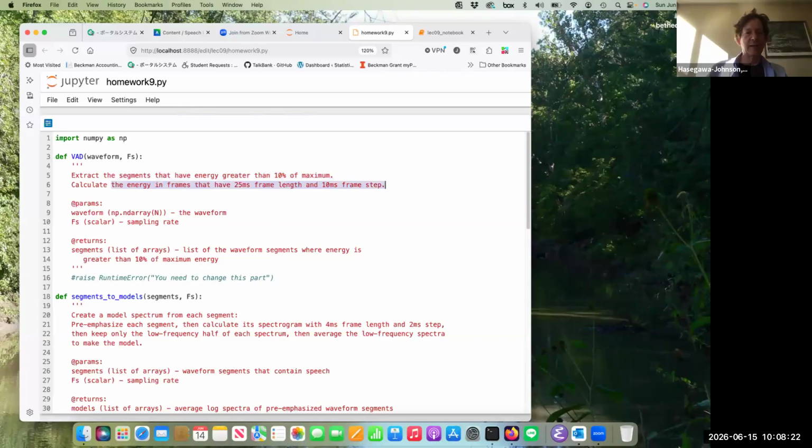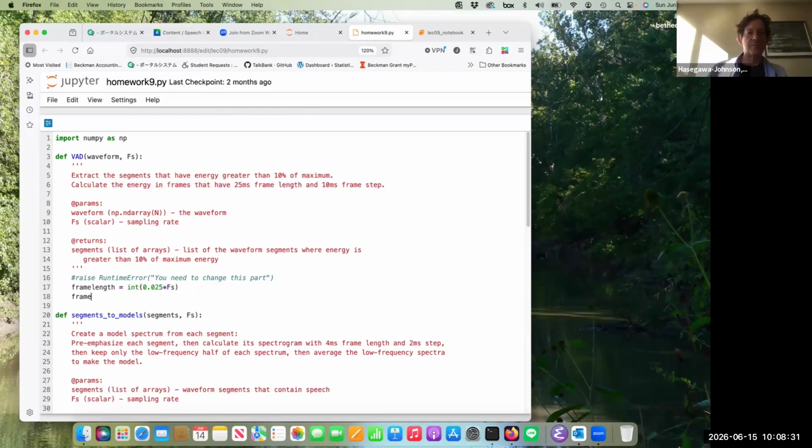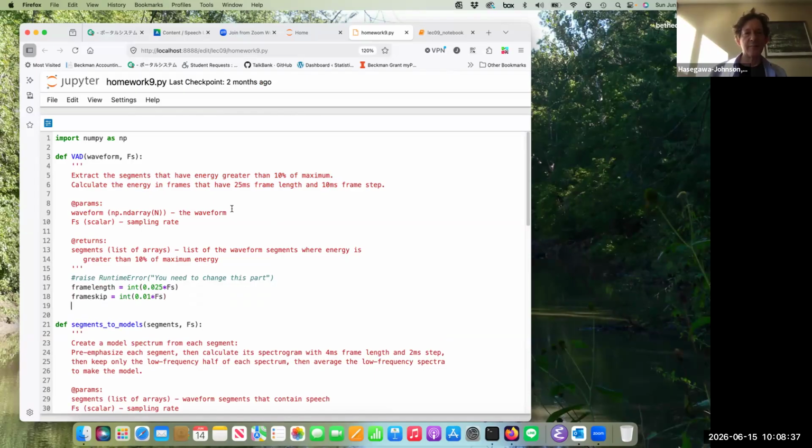We'll say frame length is equal to the integer of 0.025 times fs, and frame skip is the integer of 0.01 times fs. And then we want to take that input waveform and divide it into frames that are 25 milliseconds long with a 10 millisecond skip.